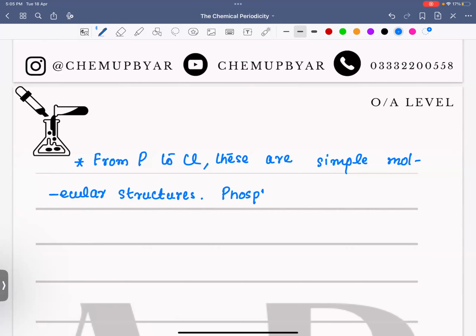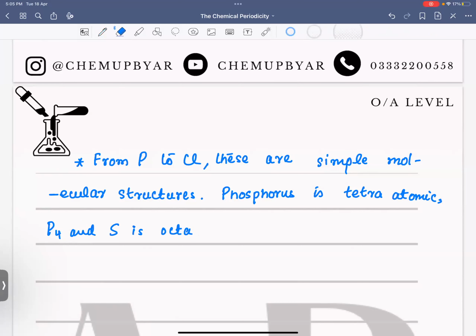But if we look at these structures, what would we find? That phosphorus is tetraatomic, P4, and sulfur is octatomic, which means S8.